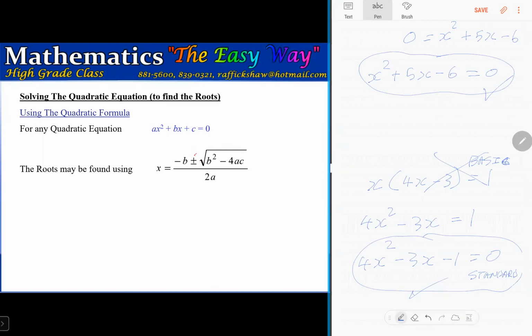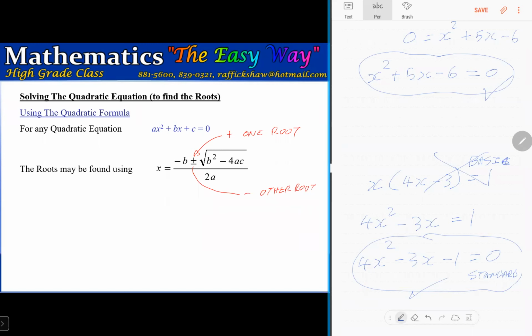The plus gives you 1 root, and the minus gives you the other root. So all you need to do is plug in the A, the B, and the C values in that formula, and you find the 2 roots.